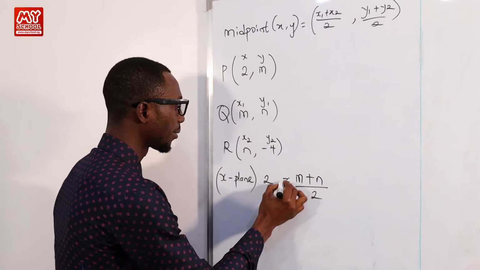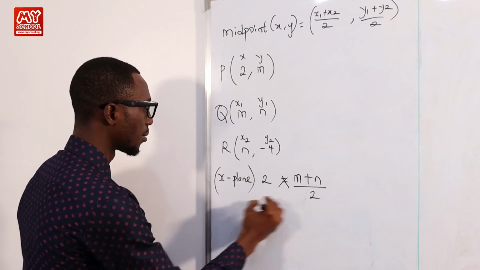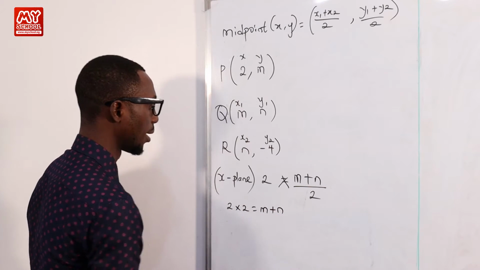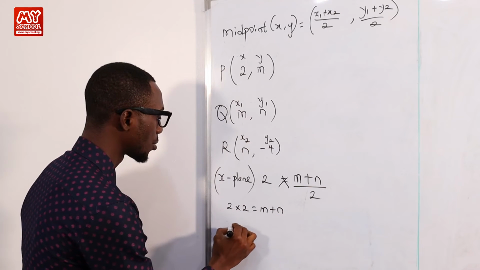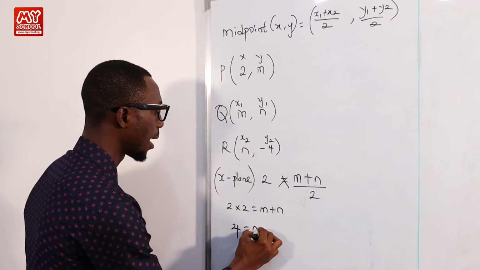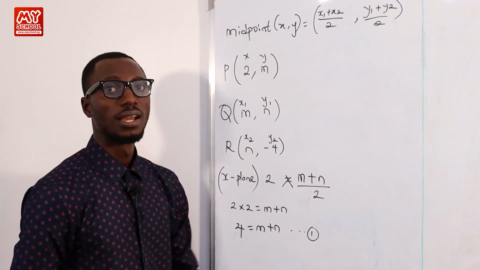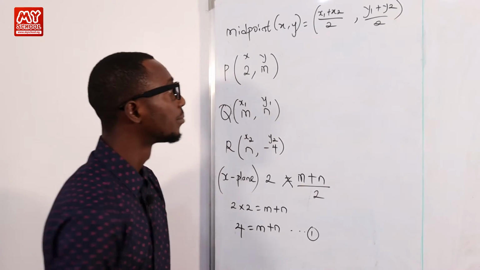Let's cross multiply. That means 2 times 2 equals m plus n. And that gives us an equation of 4 equals m plus n, equation 1. Over to the y-plane.